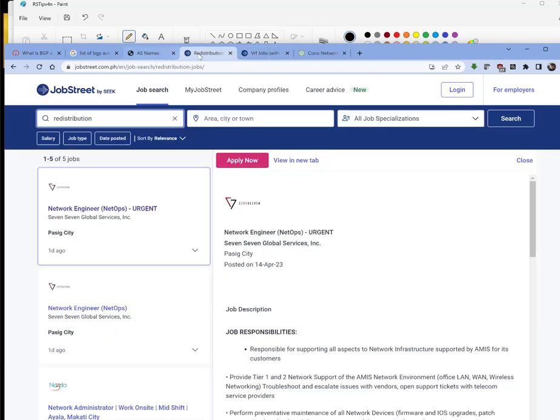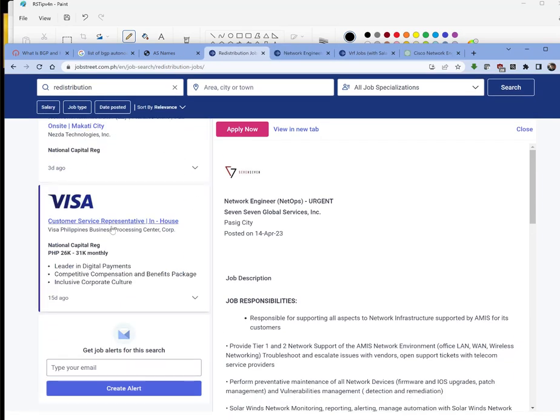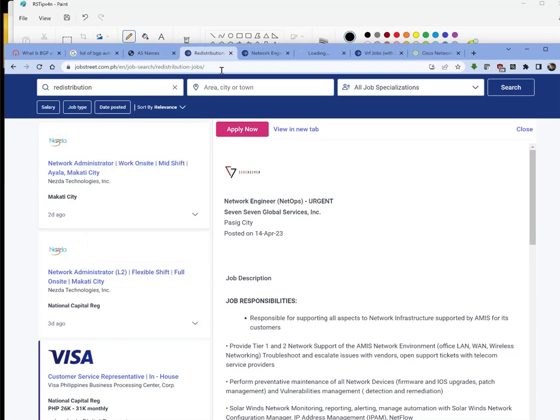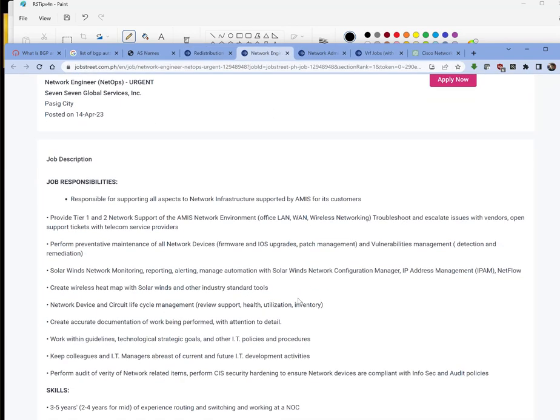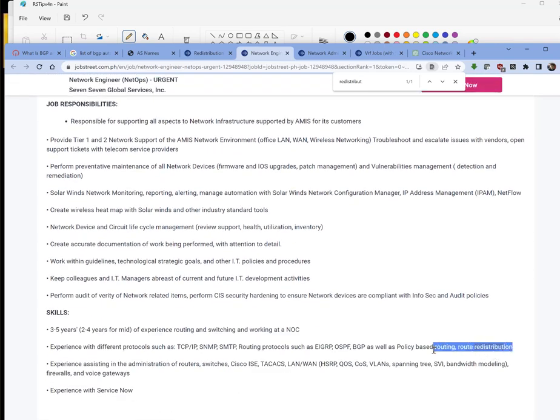I'm just going to remove some of them. Let's go with something higher. Oh, this is a small pay. Anyway, so just look. There we go. Someone with route redistribution skills. And it's so easy to configure.